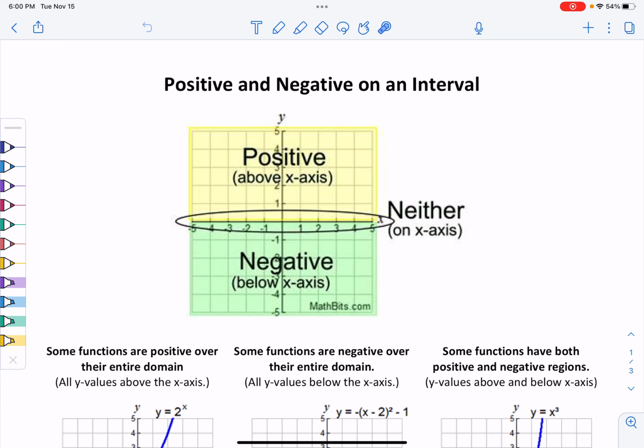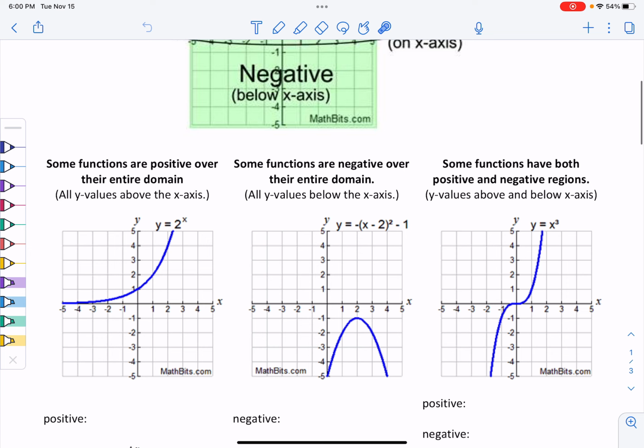Some functions are always positive. For example, y equals 2 to the x is an exponential function, and it always sits above the x-axis. Over here, it may look like it's about to touch it, but it's actually just getting very, very close. It never actually touches the x-axis or reaches 0. You can never make this function equal 0, but it gets very close.